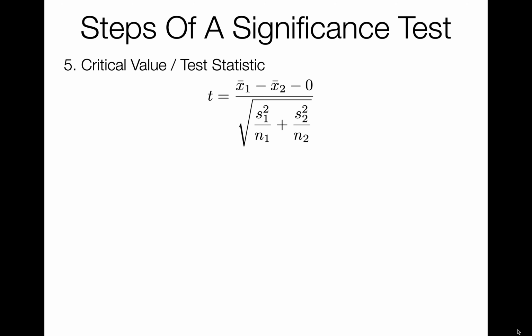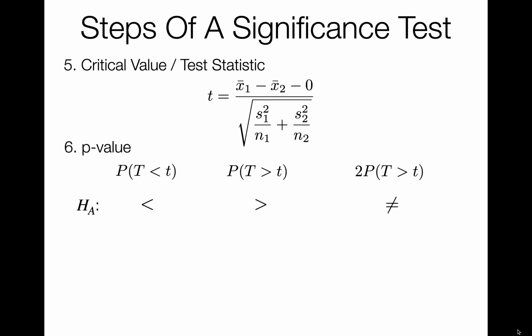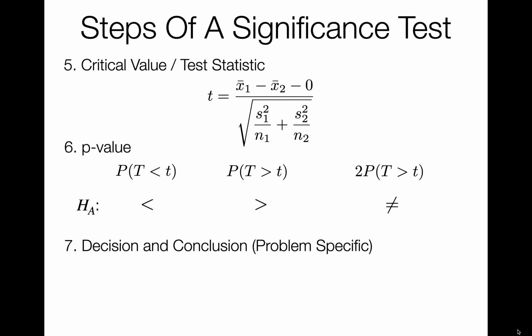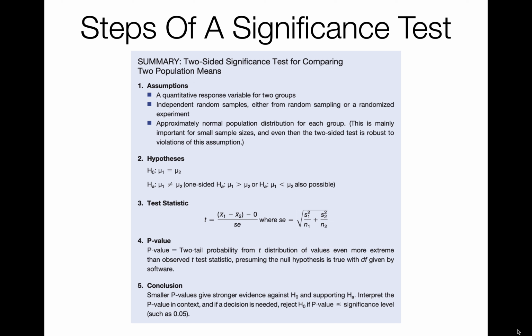So it's always going to be 0 there. So it's x bar 1 minus x bar 2 minus 0 over that standard error that we talked about before. The p-value happens the same way as before, and the decision and conclusion also happen the same way as before. All right, so there's a summary of the hypothesis testing situation for you.